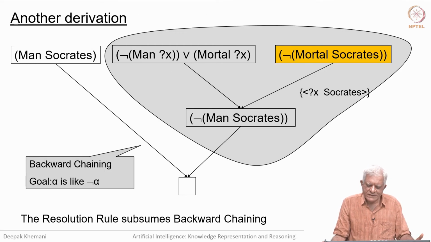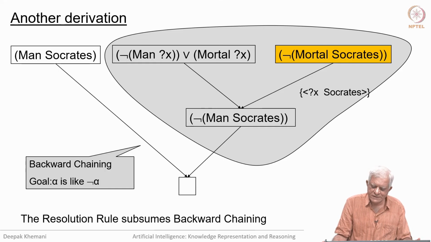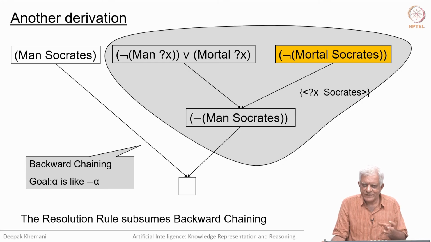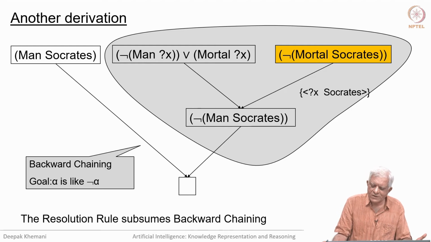You can see this same resolution DAG as doing backward chaining. If you think of this orange formula, the negated formula, as a goal, we had seen this parallel that when you say that something is a goal, you could add the negation and think of it as a goal.